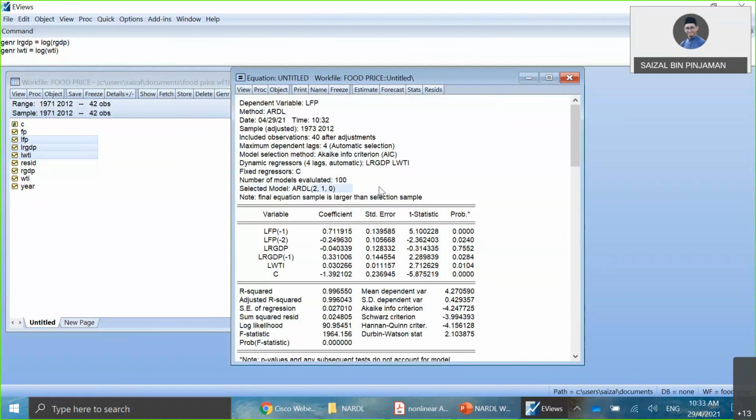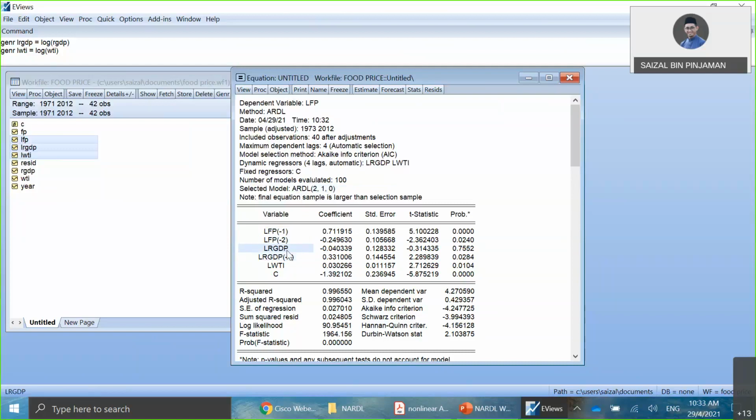You can also see that in this case, our ARDL model is ARDL(2,1,0). What we mean by this is that our ARDL model chooses 2 lags of the dependent variable as additional independent variables, and 1 lag for the GDP.